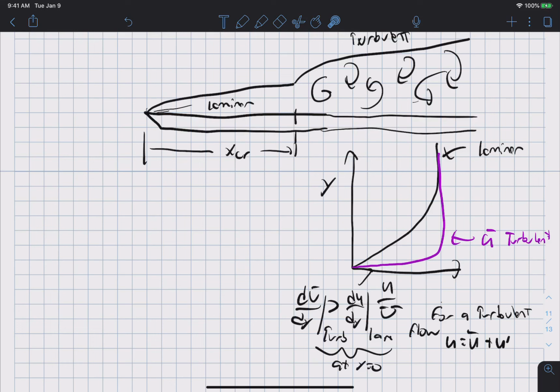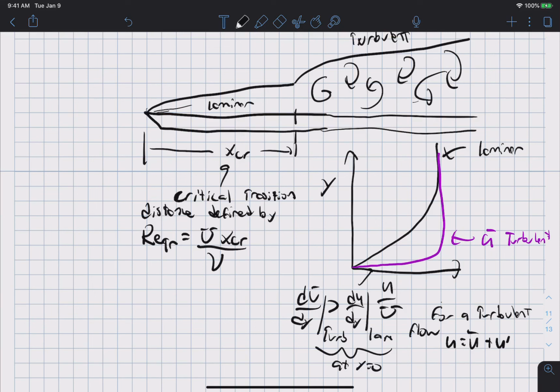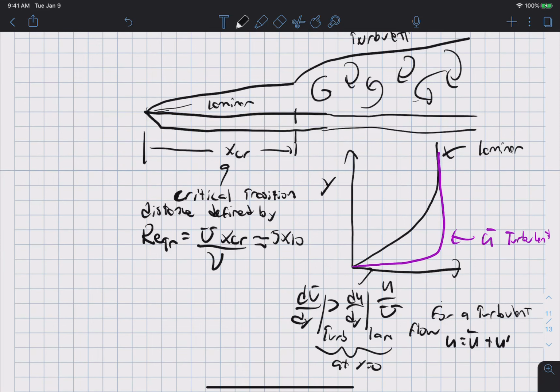Okay, and this critical transition distance is defined by a Reynolds number for transition, Re transition, which equals U X_cr over nu. For the purposes here, there are different definitions for that, but it is 5 times 10 to the 5th.